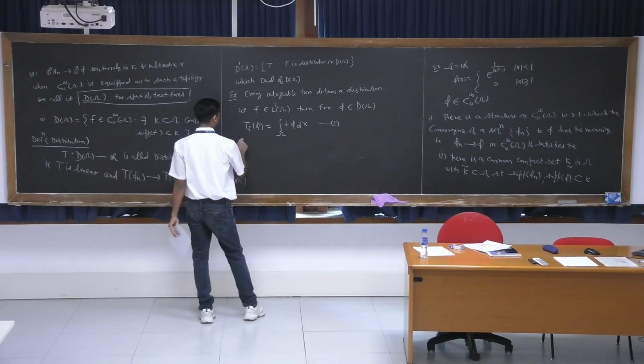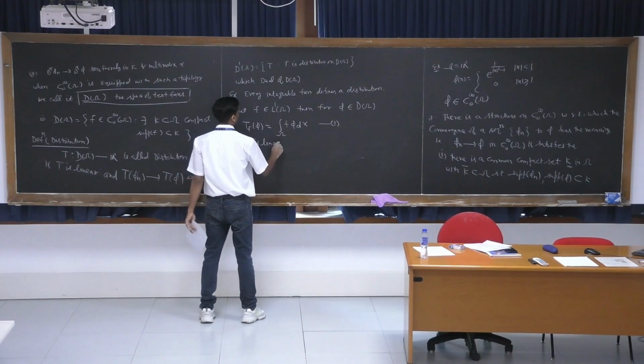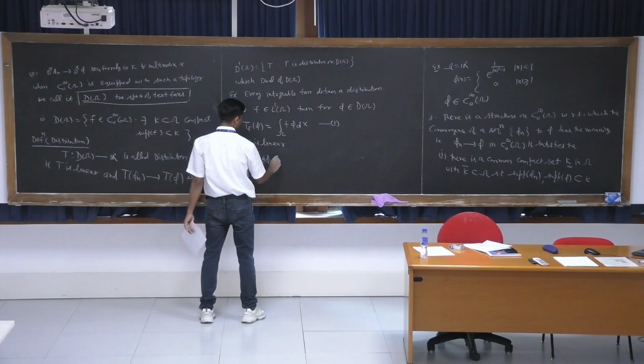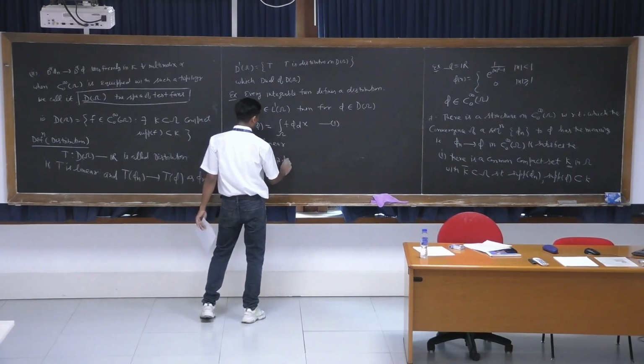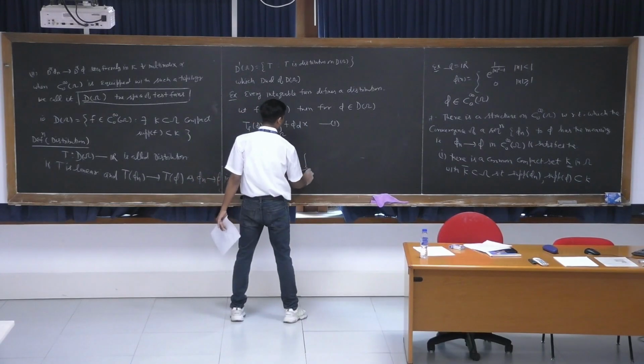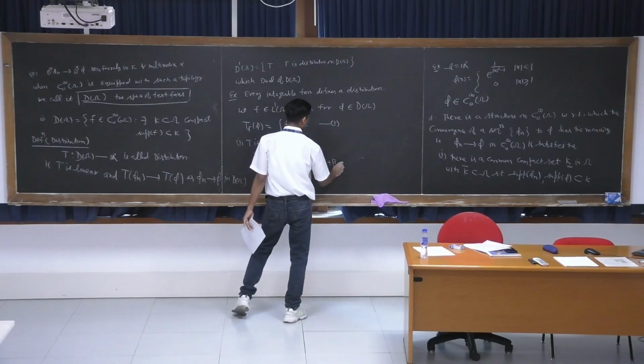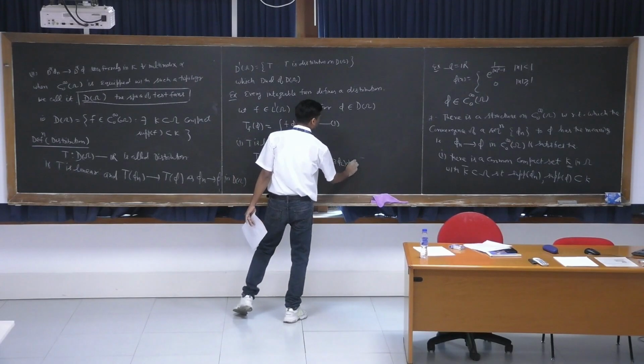It is very easy to prove it is linear. Since first T is linear, just start with T f of alpha phi 1 plus beta phi 2, that is equal to the integral over omega of f times alpha phi 1 plus beta phi 2 dx.